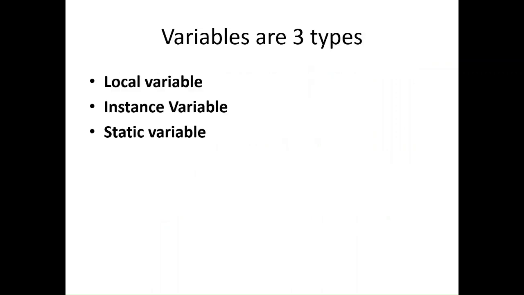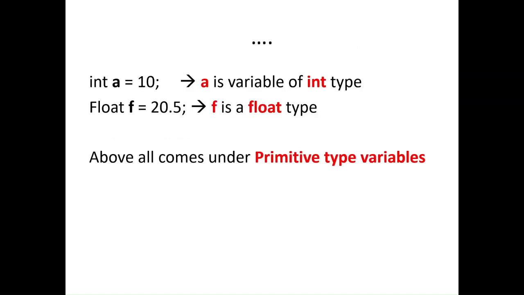There are three types of variables in Java: local variable, instance variable, and static variable. So how to declare a variable? You have to give the data type and the name of the variable, and then assign a value to the variable. Here there is an integer variable, here a float variable.